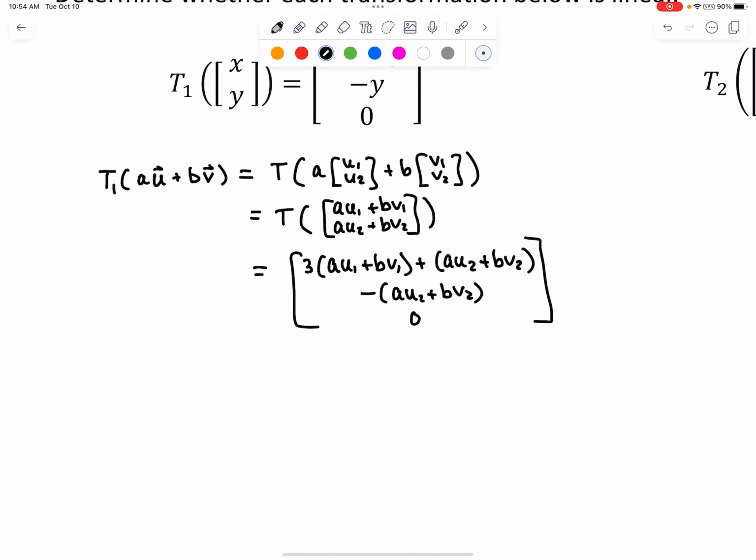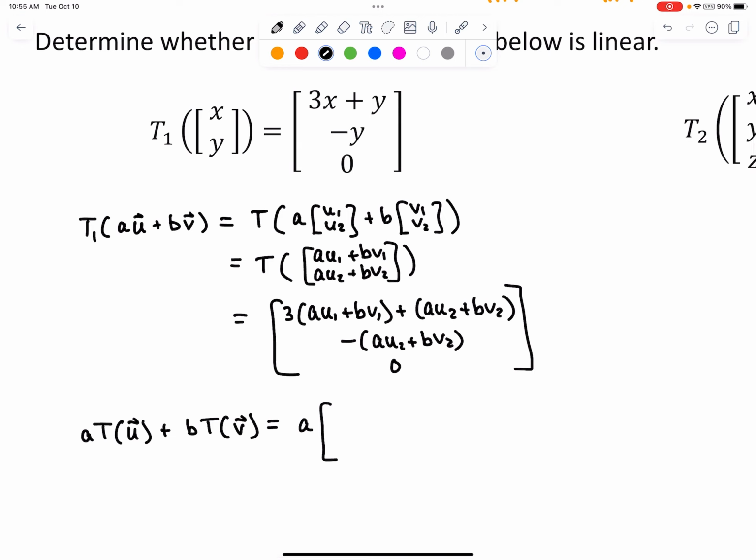Let's now compare this result to what happens if I do A times the output vector when U is the input vector, plus B times the image of vector V. So this will give us A times, and then we need a 3-dimensional vector when I input U. U is the vector U1, U2. Input that into this transformation right here.